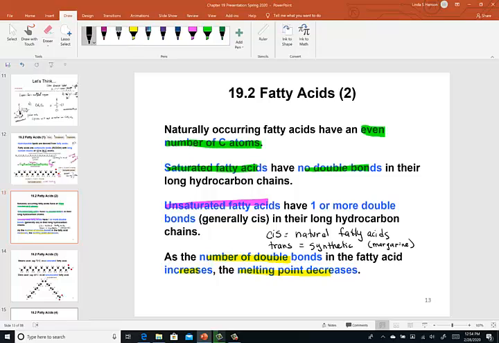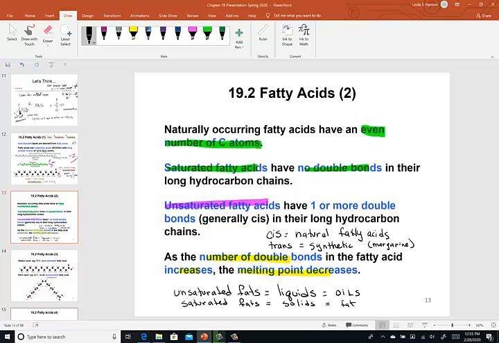So you could say that unsaturated fats typically are liquids at room temperature, meaning that we typically call those oils, and that saturated fats, which have all single bonds, tend to be solids at room temperature. And that's really what you'll call a fat.